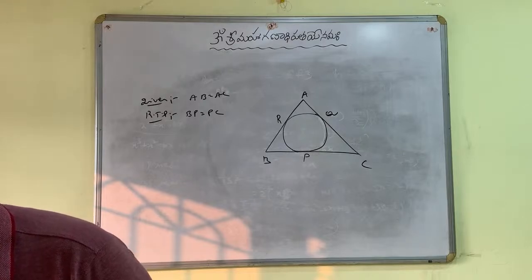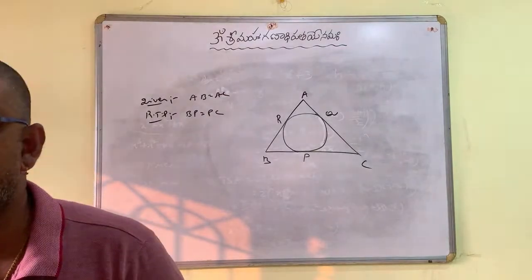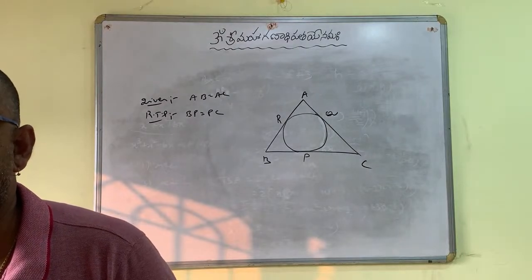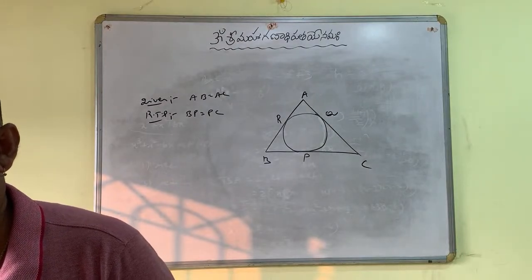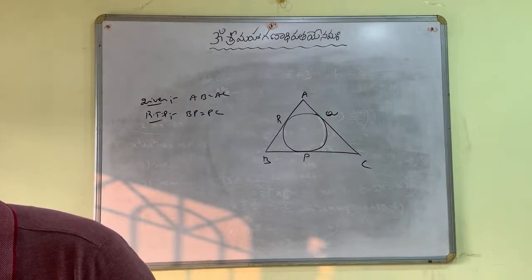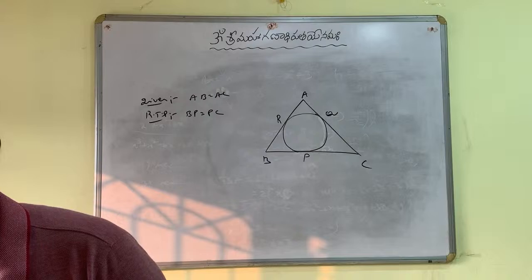Why? PC is equal to CR. BR is equal to QC.